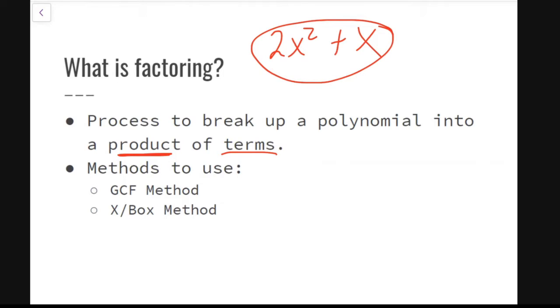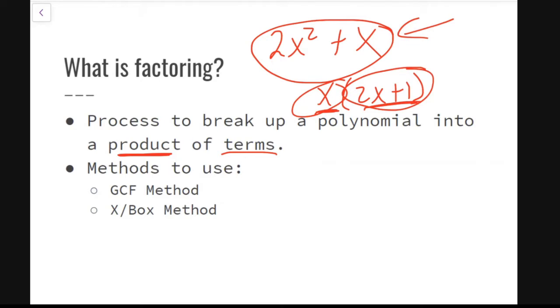So let's say we take the x out of these two terms, and we have x times 2x plus 1. Right here we can see we have a binomial and a term that is being multiplied to the binomial. Therefore we have two terms, the binomial and the x, which are going to be a product, and that's going to be a factor. So these two are factors that multiply together to get the polynomial above.